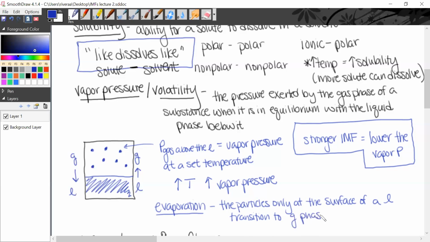The difference between evaporating and boiling is when the whole entire thing is undergoing phase change. So for water, that would happen at 100 degrees Celsius, but at 25 degrees Celsius, you're gonna have some evaporation that happens. And if that container is closed, you get that vapor pressure up at the top. If the container is open, eventually all of that water is going to evaporate. So to measure this pressure, this would obviously have to be a closed container.